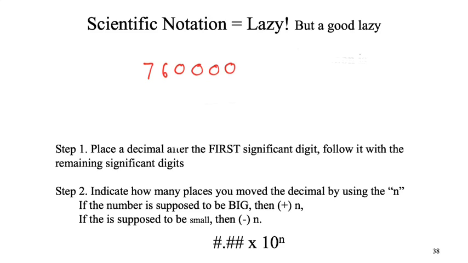Because it'd be 760 decimal place times 10 to the third. You want that to 3 significant digits. You said make it significant, but you didn't specify what form we should put it in.